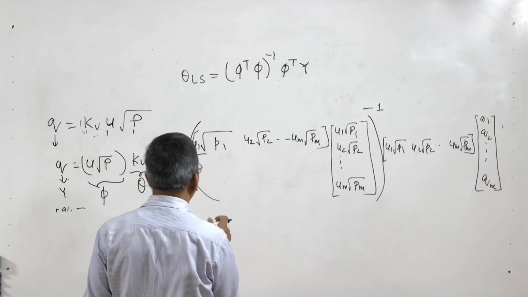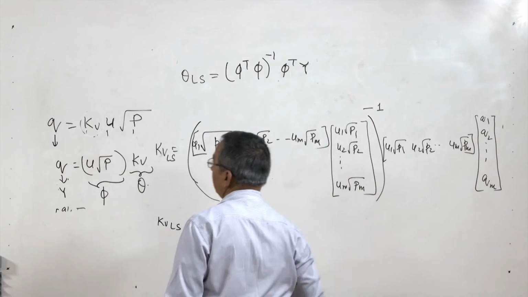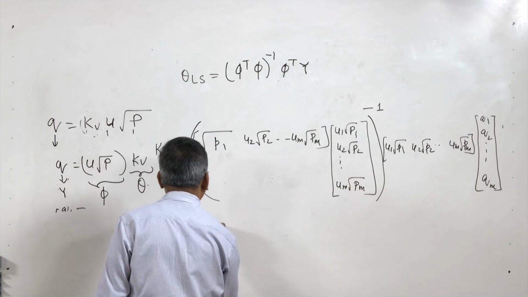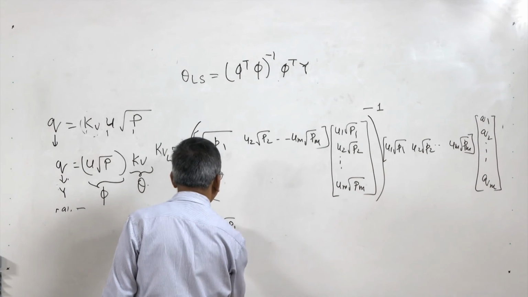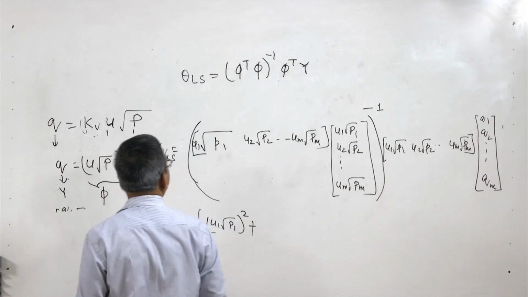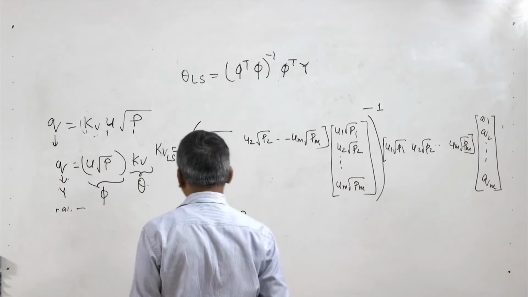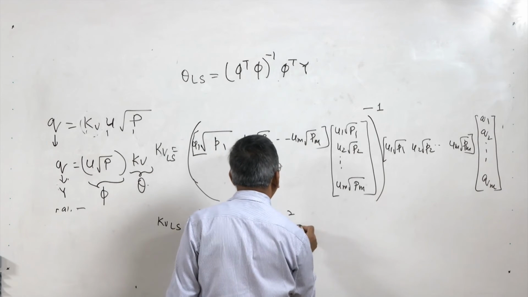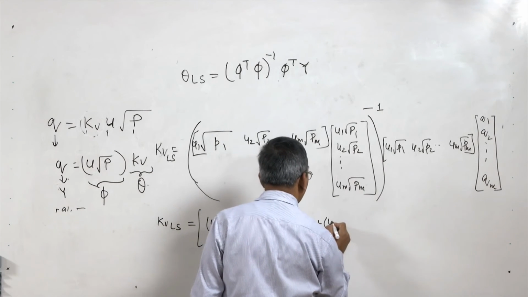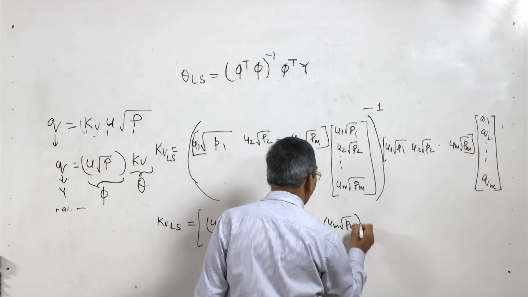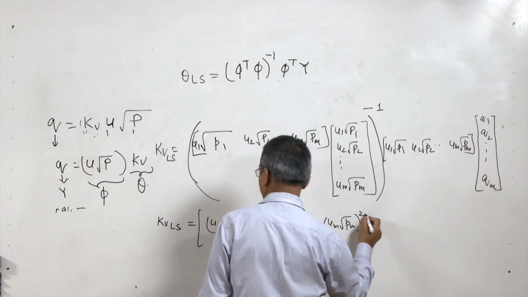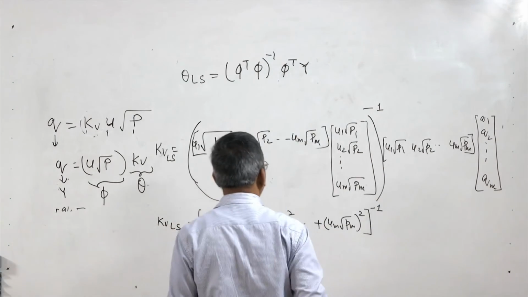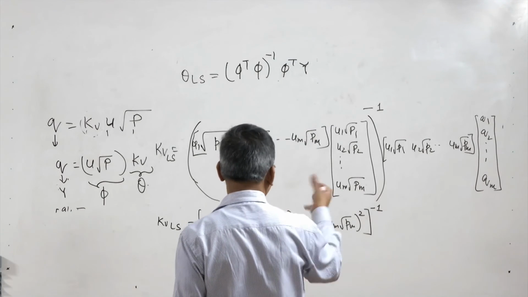Now you see, when you multiply this with this one, what you will actually have is u1 root p1 square plus u2 root p2 square plus, up to, root pm square, and to the power minus 1, since it is a scalar.